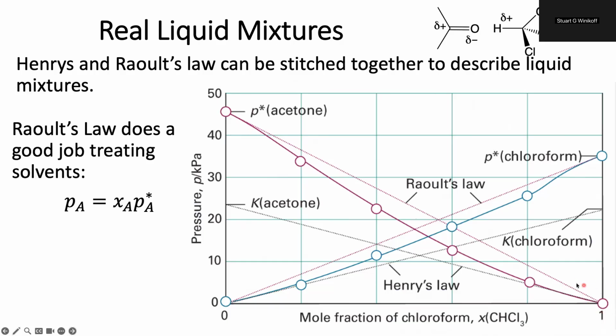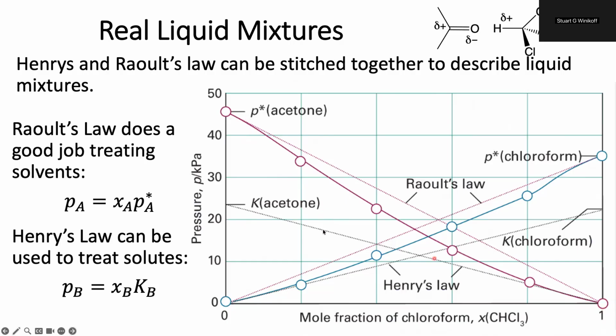So what we can then do is say, all right, if acetone is acting as a solvent, I can use Raoult's law. But if it's acting as a solute, then I need to use Henry's law. And we can see that it also obeys Henry's law up to mole fractions of, then again, about 0.15. And for chloroform, it obeys to mole fractions, again, about 0.1, 0.15, all fairly common.